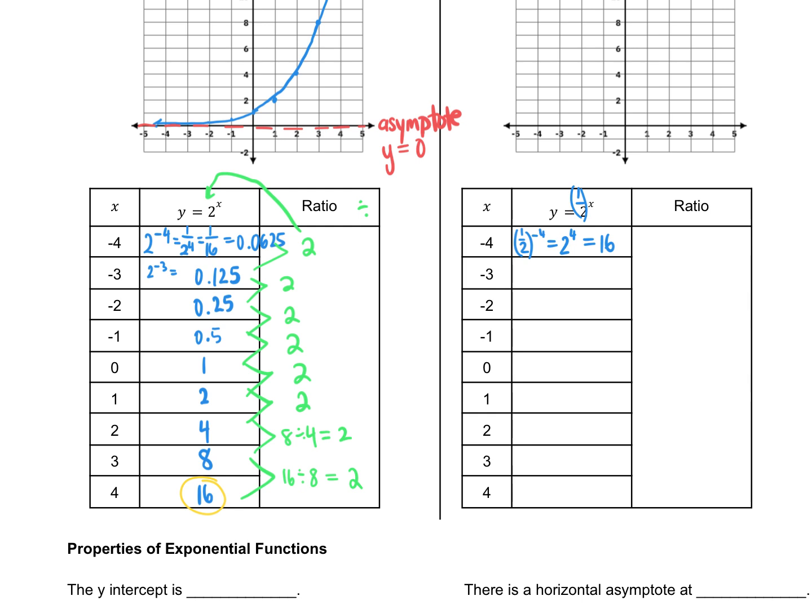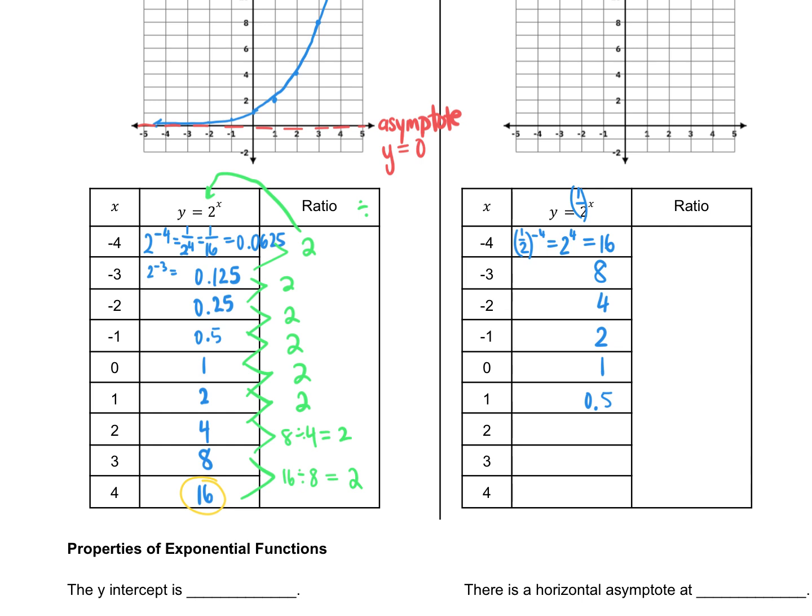Okay, a half to the power of -3 is 8. And it's again because of that reciprocal, which turns the 1/2 to just 2 to the power of the positive number. A half to the power of -2 would be the same as 2 to the power of +2, which is 4. A half to the -1 is +2. Anything to the power of 0 is 1. A half to the power of 1 is a half, so 0.5.